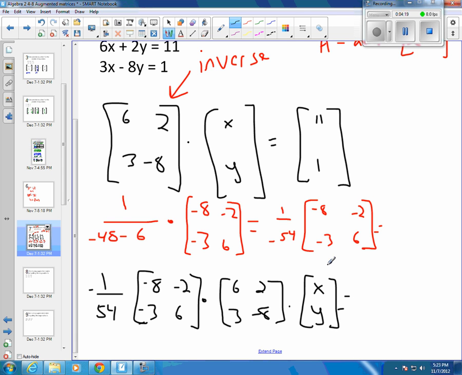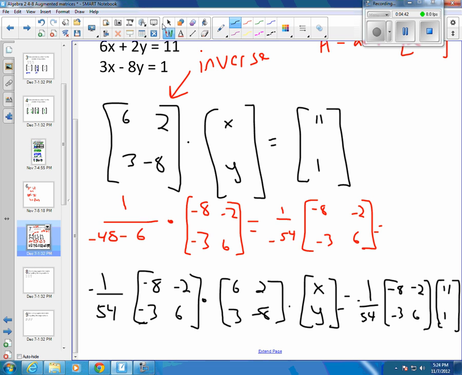And that's going to be equal to, I need to multiply the other side of my equation by the exact same thing, so that's -54 times -8, -3, -2, and 6. And the matrix that I had over there was 11 and 1.